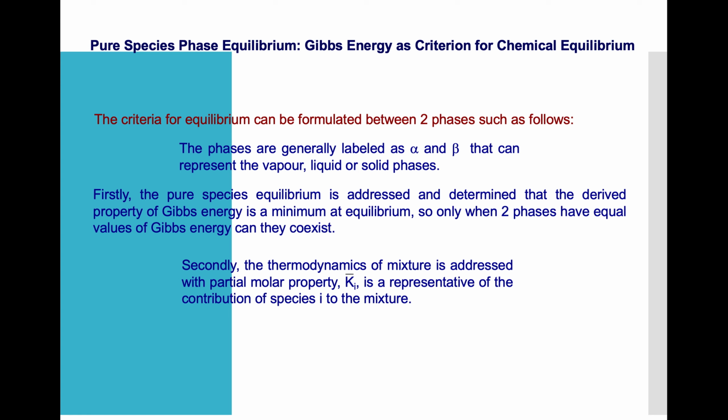So only when two phases have equal values of Gibbs energy can they coexist. This is the important point, because only then can they coexist. And secondly, the thermodynamics of mixture is addressed with partial molar property, which is a representative of the contribution of species i to the mixture.